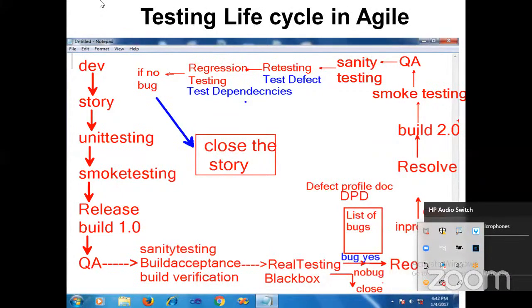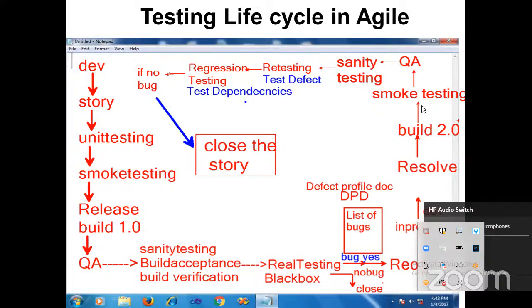Did you understand, everyone? Are you following? So once any bugs are identified, the list of bugs is documented in one document, that is DPD, and the developer will again try to resolve these bugs and he will release the build.